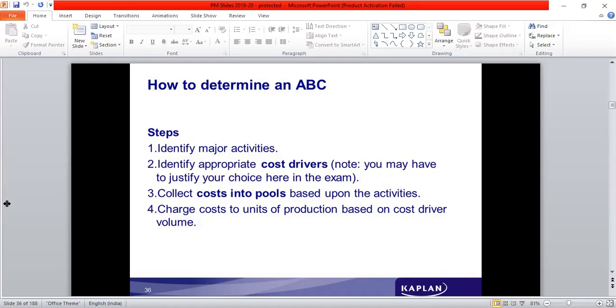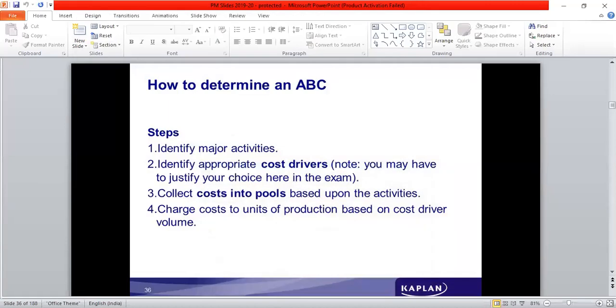Then all the costs which are incurred during the period are collected into a cost pool. Collect costs into pools based on their activities. Every time repair cost is incurred, pool it up and accumulate the cost.